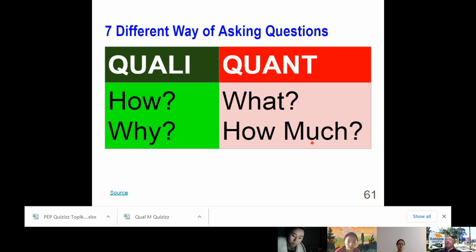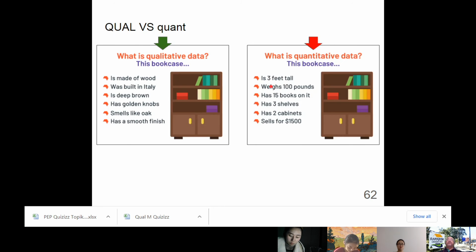How much, how frequently do you watch television? That sort of question when you do the quantitative. So you see the differences. You see the green arrow, qualitative, and the red arrow is the quantitative.